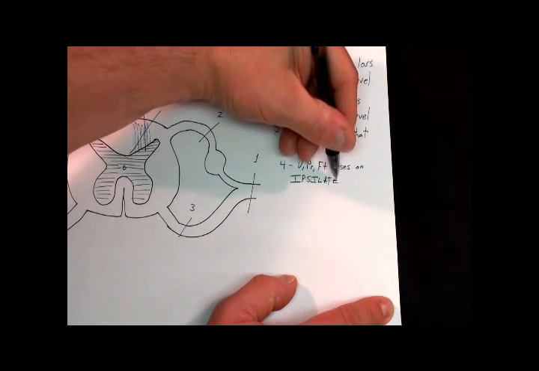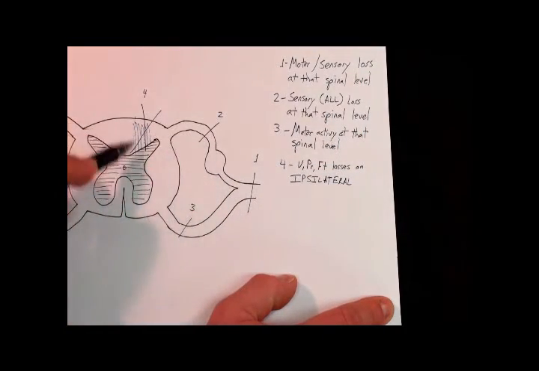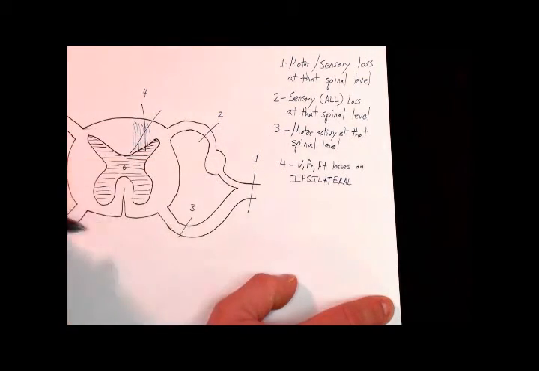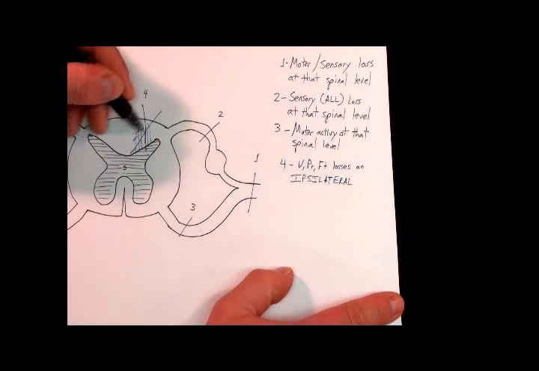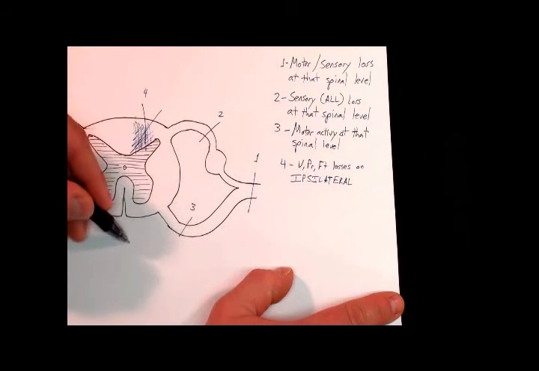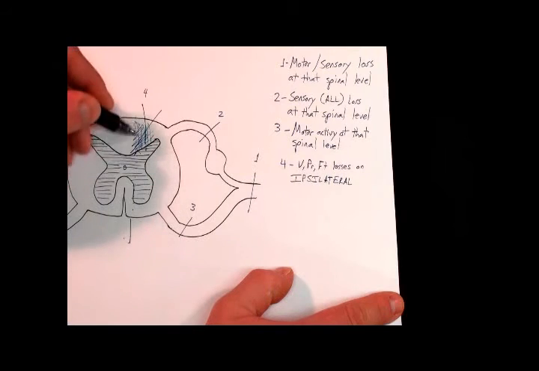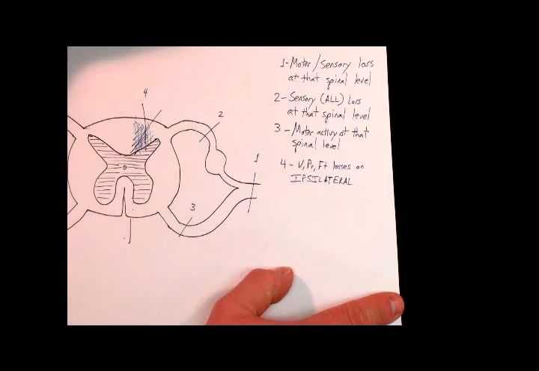Ipsilateral, because it's sensory and it hasn't decussated yet. So any lesion here affects your perception of information coming from that side. And what's even more important, potentially, than that, is it's not just wiping out the one level. If you've got damage here, you can't get these other axons that are trying to get upward past the blockage. Now, up above the lesion, they're going to be just fine.